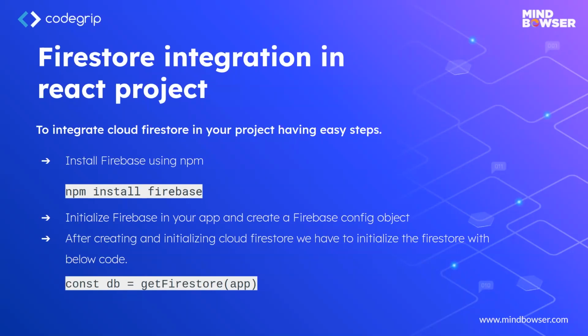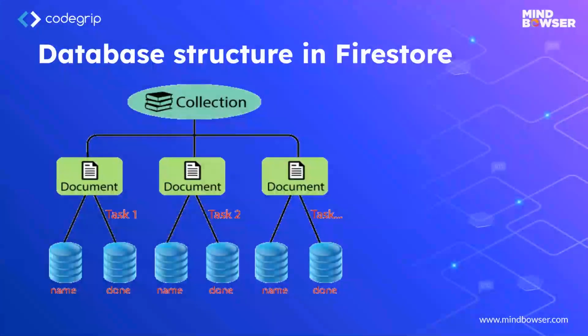The Firebase config object will consist of keys like project key, API key, DB URL, etc. After creating and initializing Cloud Firebase, we have to initialize the Firestore with the following function: getFirestore. We will be discussing this further in the demo in great detail.